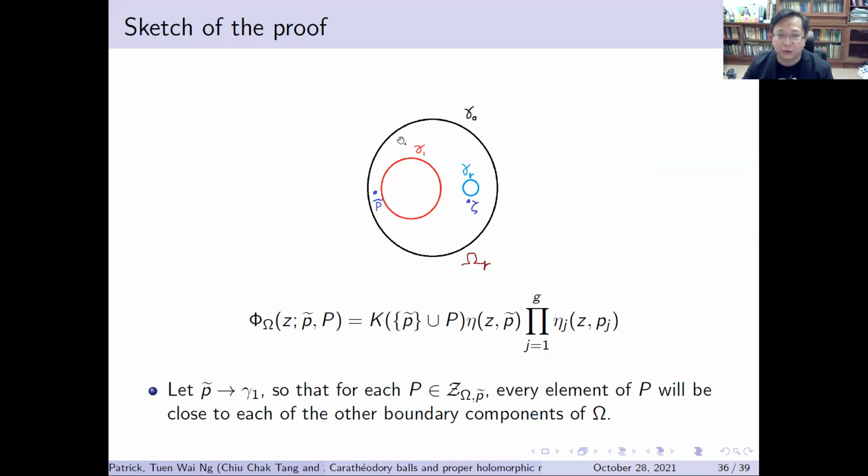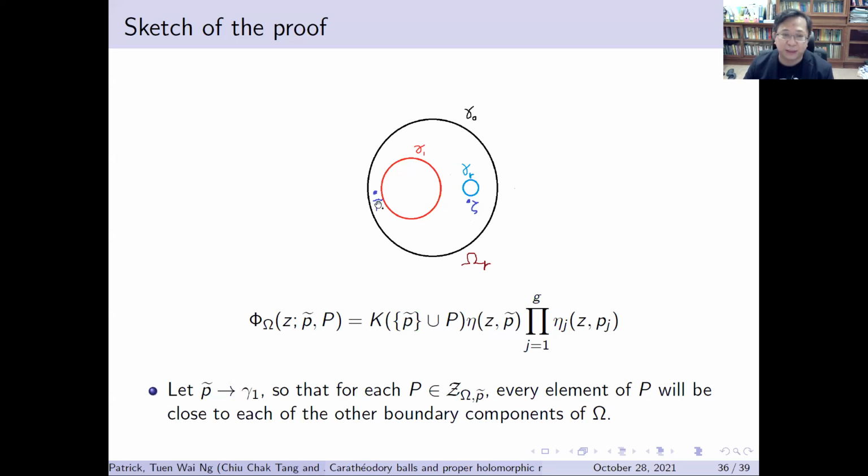Now let's go back to the kind of domain that we are going to investigate, which is this omega r. This is a small circle, so gamma r is a family of circles with the same center and radius r. Eventually, we will let this r tend to 0. And so the idea is the following.